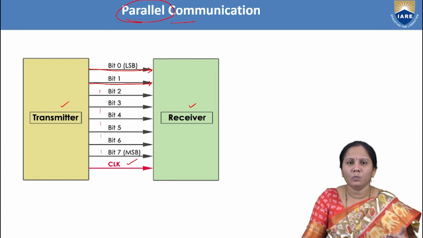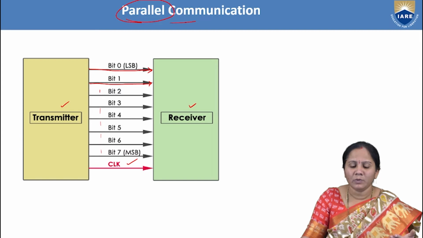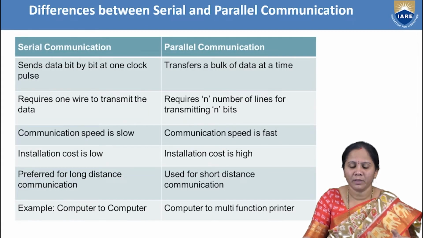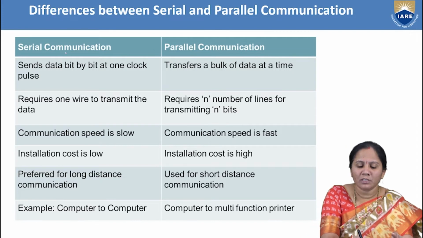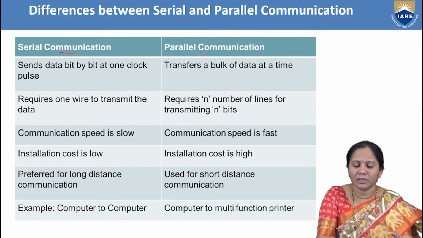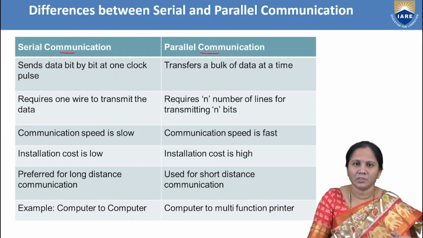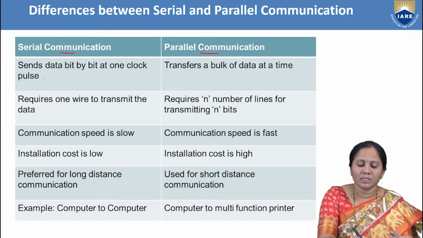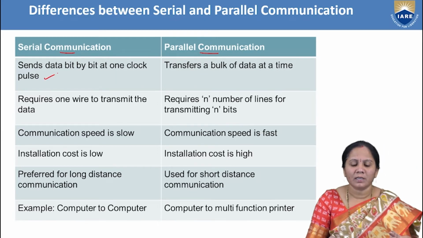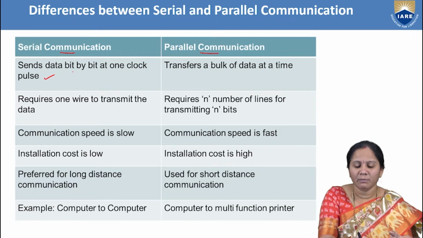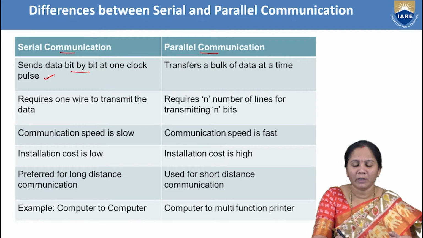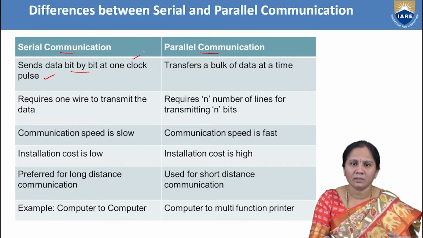Now we will see in which type of devices we consider serial communication and in which cases parallel communication is preferred. These are some of the differences between serial and parallel communication. In serial communication, data is sent in bit by bit format using one clock pulse, that means each bit uses one clock pulse.